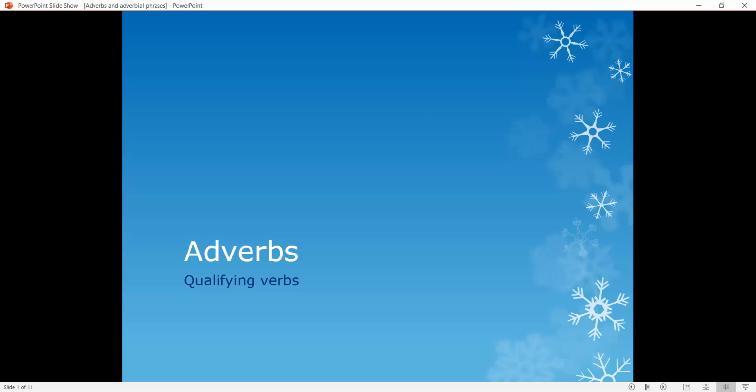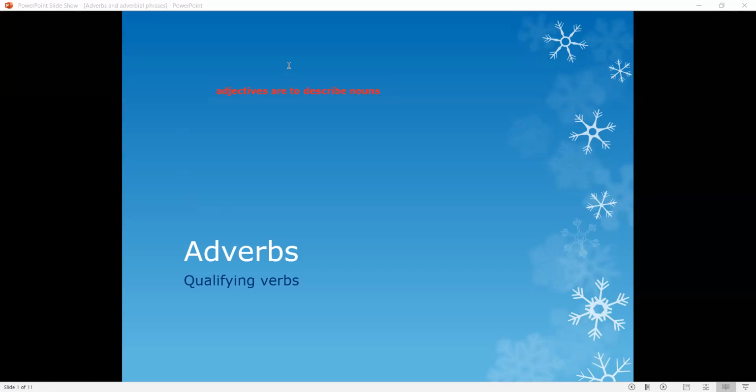So we already know adverbs are one of the parts of speech. We have adjectives, we have nouns and verbs, and we have adverbs. Adjectives, we know from before, are to qualify or modify or describe nouns.